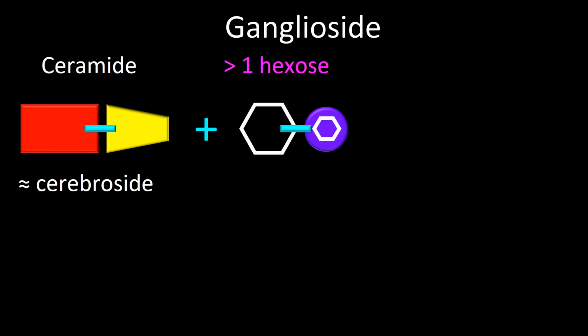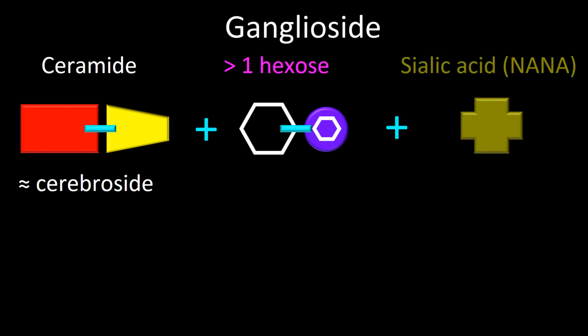The compound we have just mentioned, ceramide, is often referred to as cerebroside. In addition to this material, gangliosides have more than one hexose, as presented here by 2 hexoses, and at least one sialic acid or NANA.